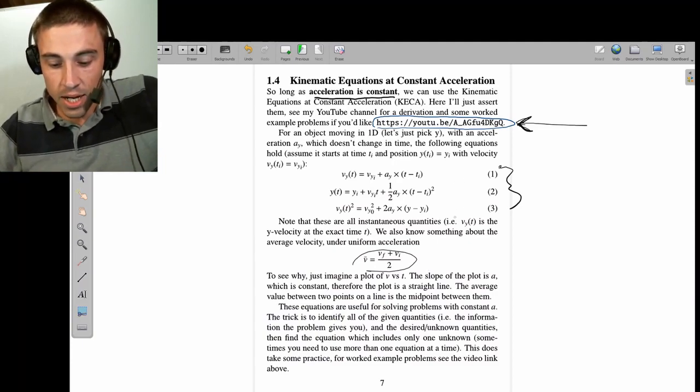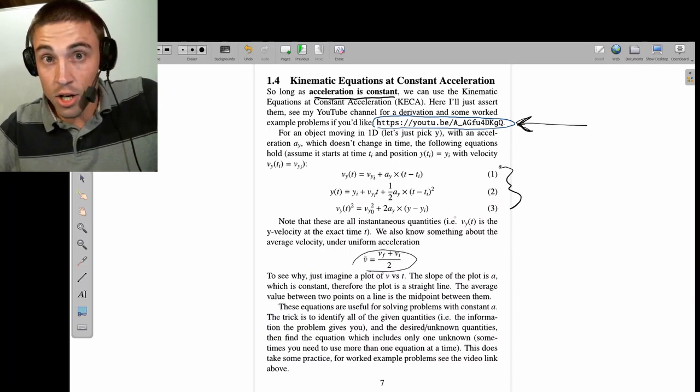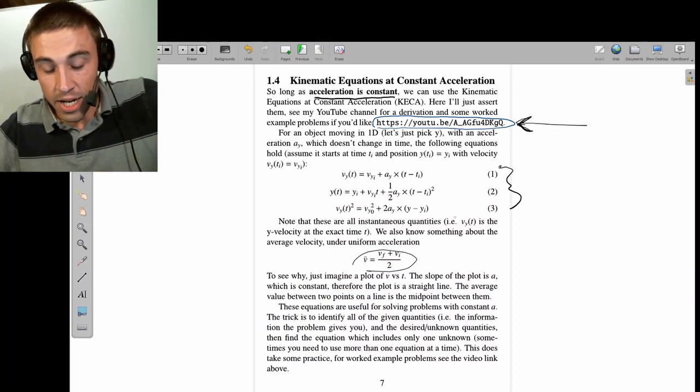And then you're going to pick one of the equations that has an unknown quantity that you're asked to find. And then you're going to find that quantity in terms of those given ones. And sometimes you need to use multiple equations at a time.